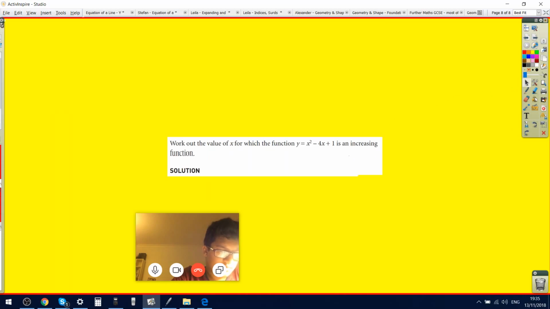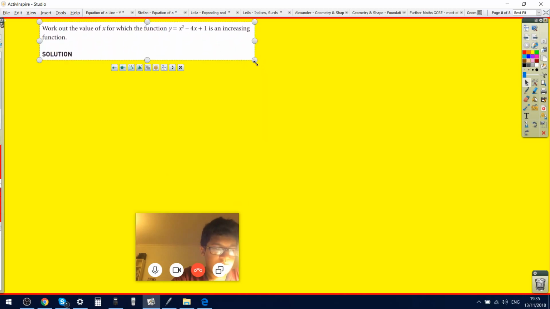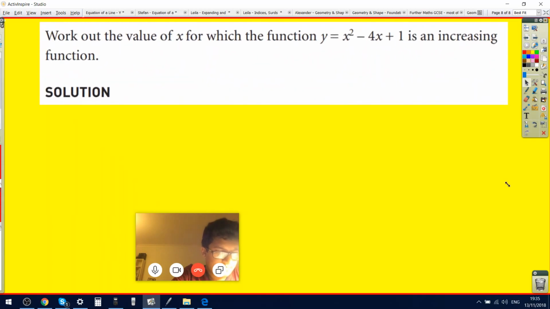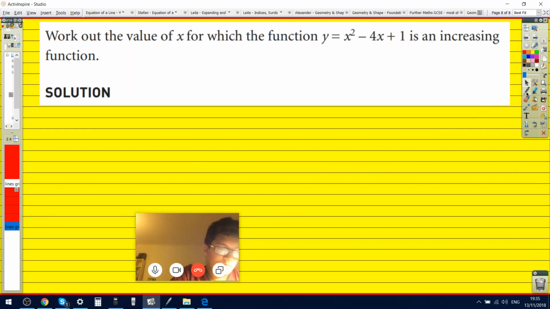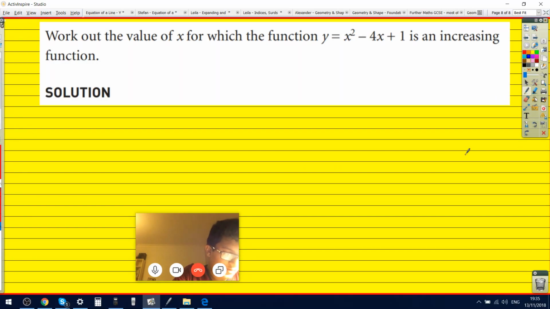Let's try this one here. Okay. Two x minus 4, and then d squared y over dx squared is 2.